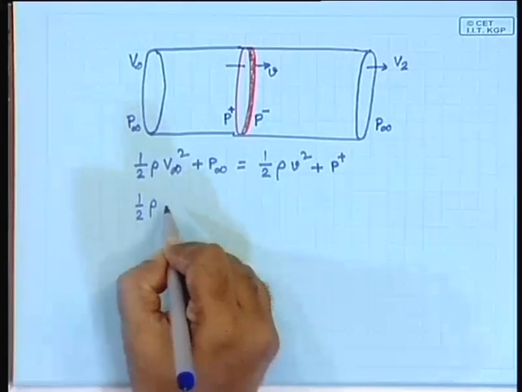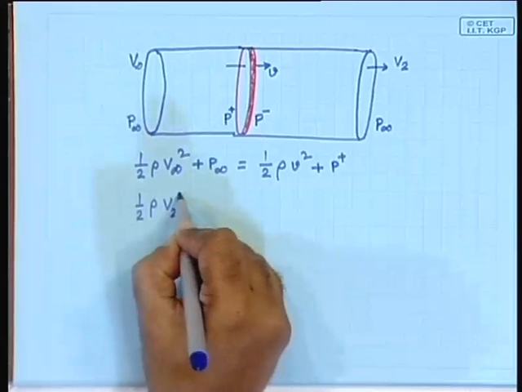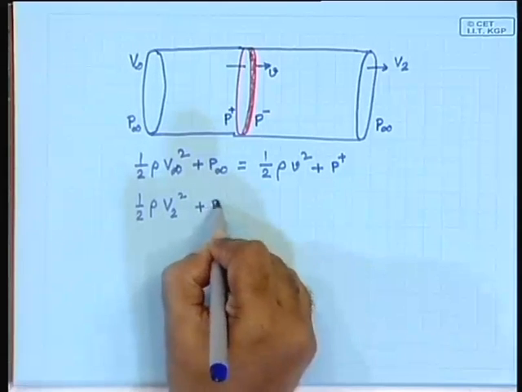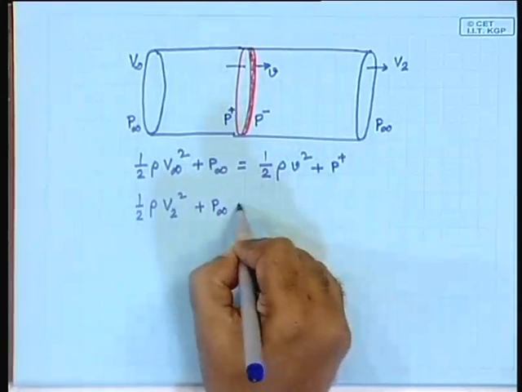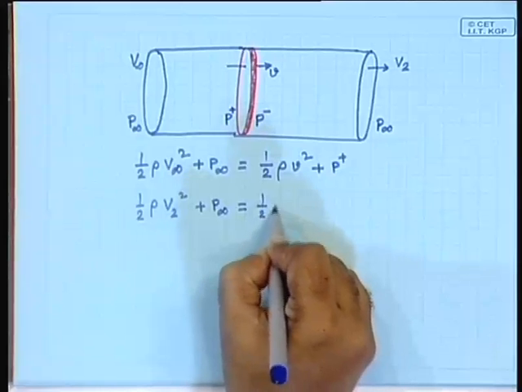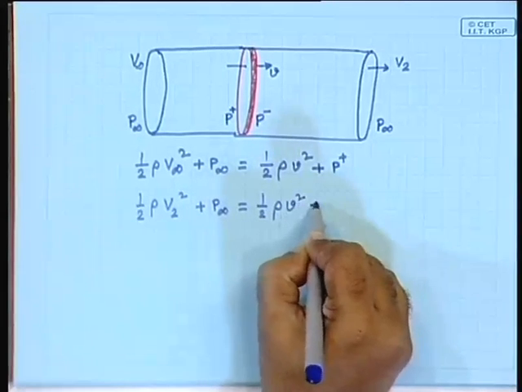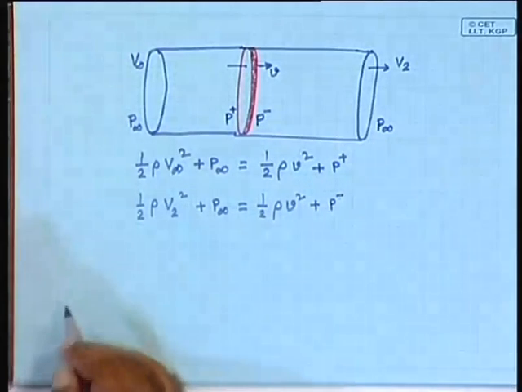Half rho V2 square plus P infinity is equal to half rho v square plus P minus.